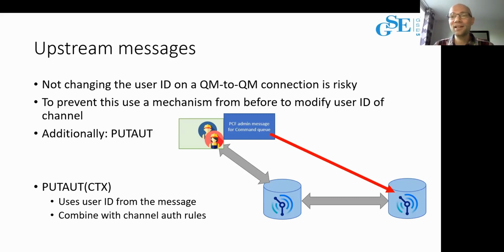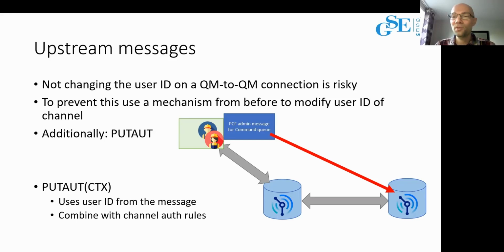There are additional options on a channel definition that will give you more options or complicate things further, depending on how you look at it. So PUTAUT is one of them that we have listed on this slide. It's short for put authority. One of the options for PUTAUT is context.